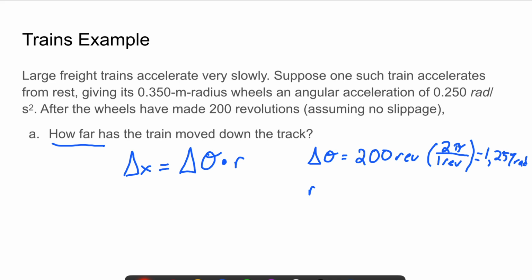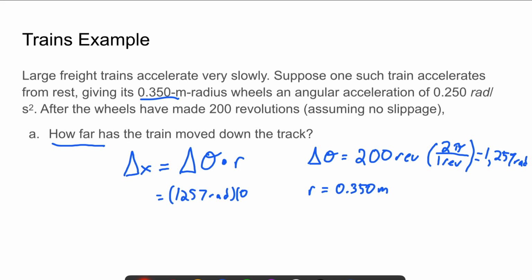And we also know that the radius of the wheels is 0.350 meters. And so if we want to solve for the displacement of our train, we can take the number of rotations of those wheels times our radius, and we can figure out how far our train has moved over that period of time.